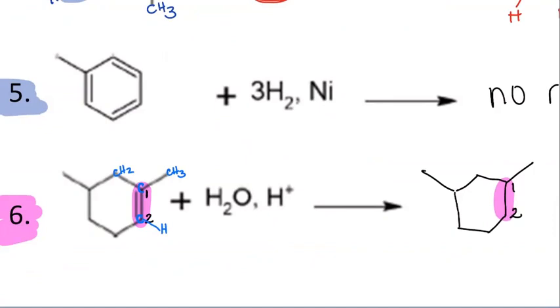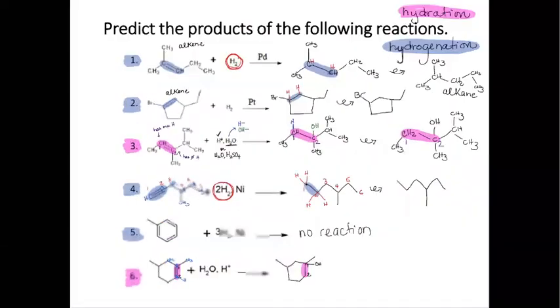If I draw the correct skeletal structure, I don't need to write it in. And then on carbon number 1, I'm going to place an OH. Any questions about hydrogenation or hydration of hydrocarbons, specifically alkenes and alkynes in the case of hydrogenations, or hydrations of alkenes?